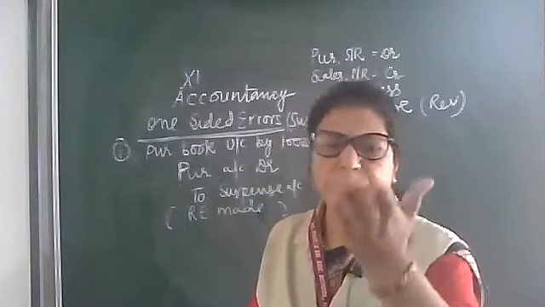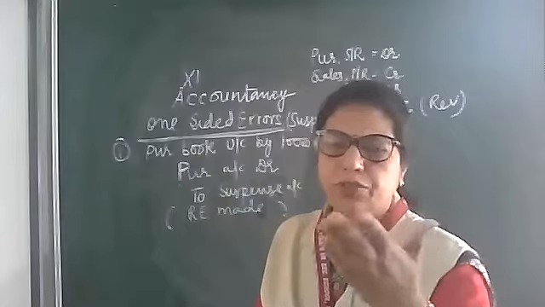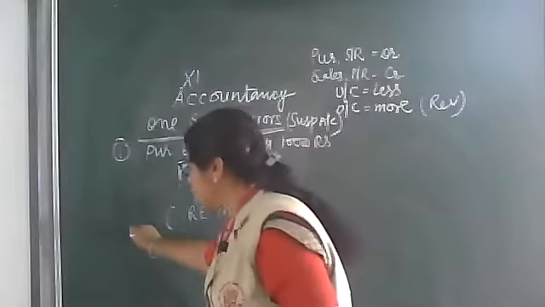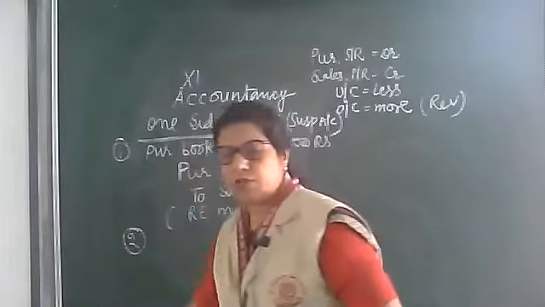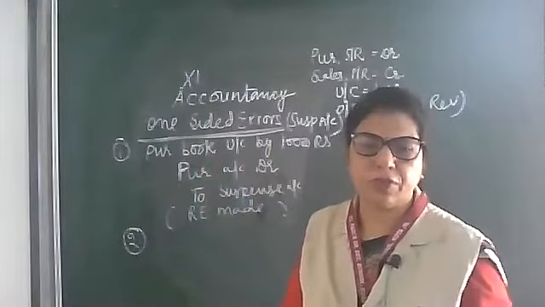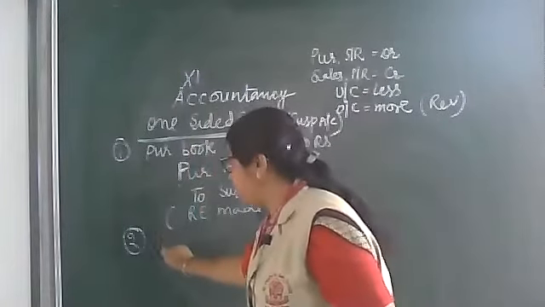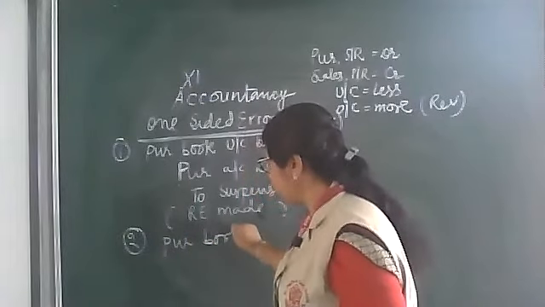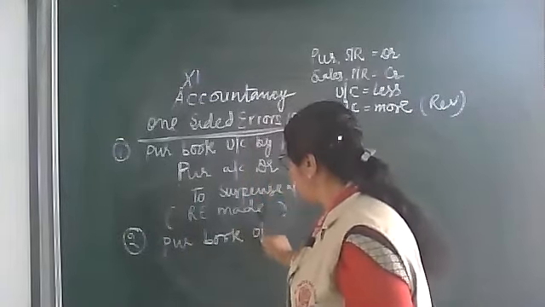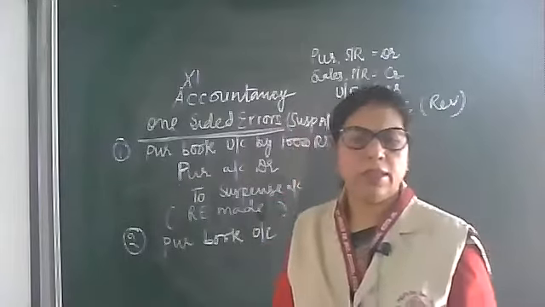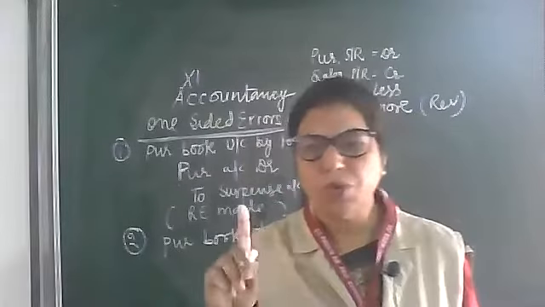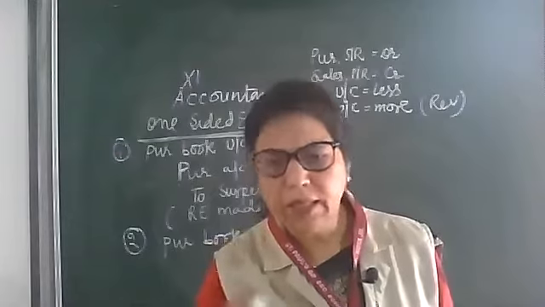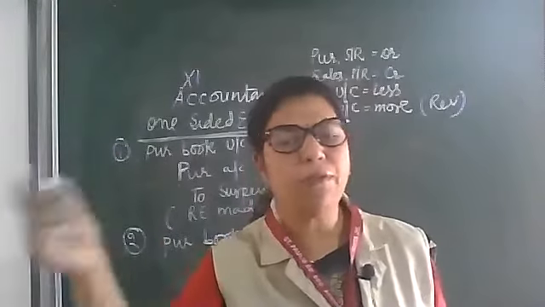Now reverse of it. Second entry, reverse of it. That is purchase book overcast. Overcast, same reasons: totaled more, balanced more, carry forward more.